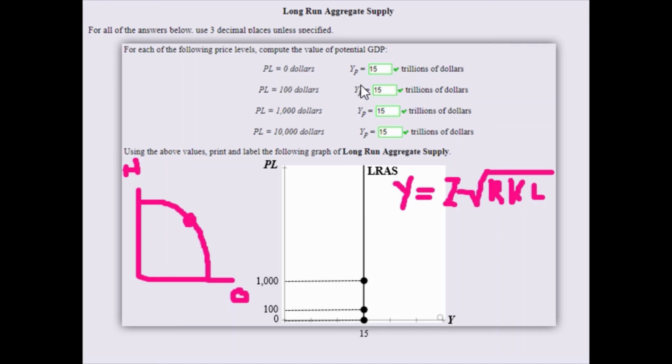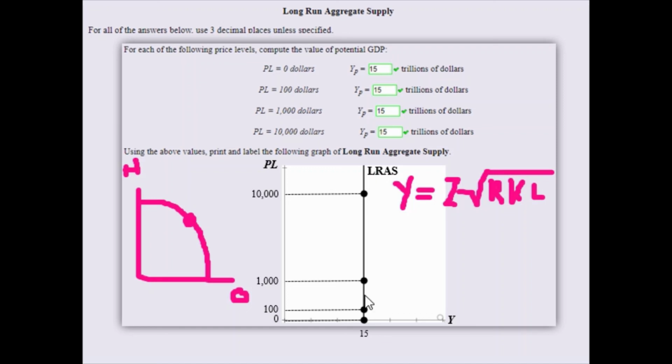At $15 trillion of real GDP, for $15 trillion in potential GDP, here the price level is $100. So you go up to this point here. At potential GDP equal $15 trillion, the price level is 1,000. At potential GDP equal $15 trillion, the price level is 10,000.